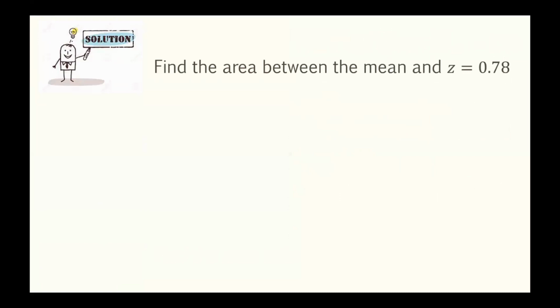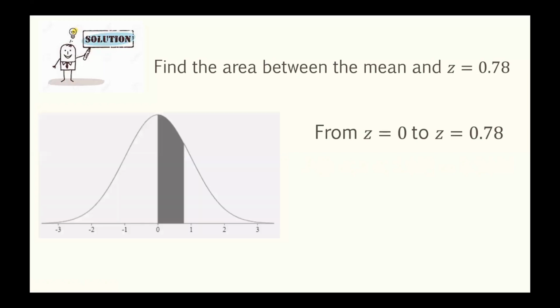For number 2, find the area between the mean and z equals 0.78. When we say between the mean and z equals 0.78, that is from z equals 0 to z equals 0.78. If we're going to draw the normal curve, that is like this, starting from 0 up to 0.78, that is before positive 1.